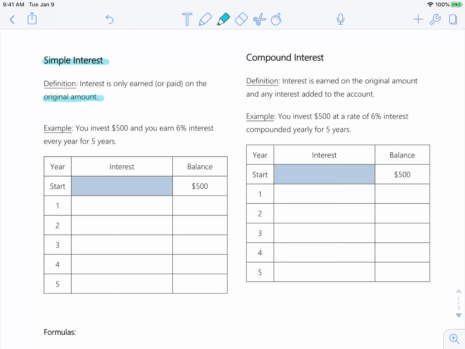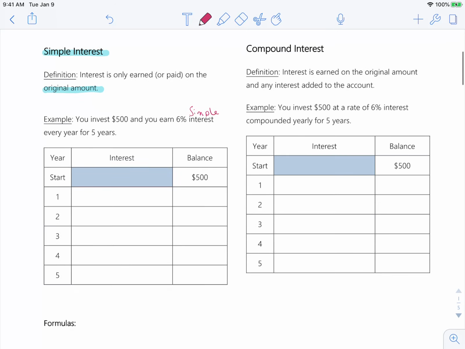So for example, it says you invest $500 and you earn 6% interest every year for 5 years. In actuality, it should say simple so we know what kind of interest, but since it's in this example, we know it's going to be simple. We want to know what our balance will be for the 5th year.